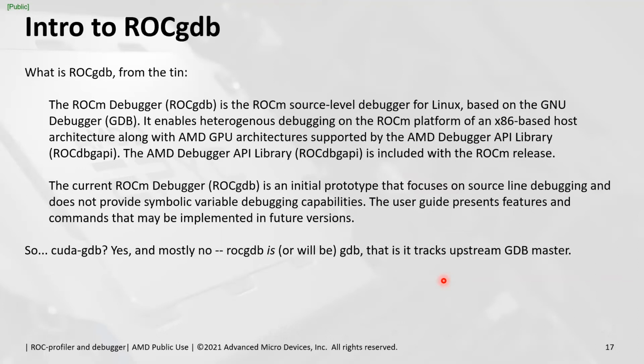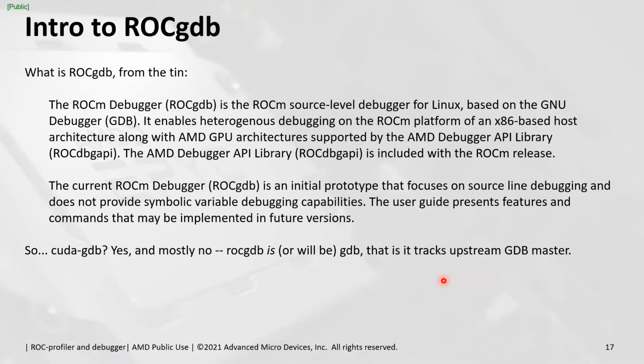The current ROCm debugger, or ROCgdb, is an initial prototype that focuses only on source line debugging and does not provide any symbolic variable debugging capabilities for now. The user guide has details of the features and commands that may be implemented in future sessions.